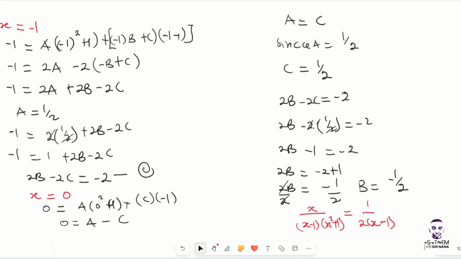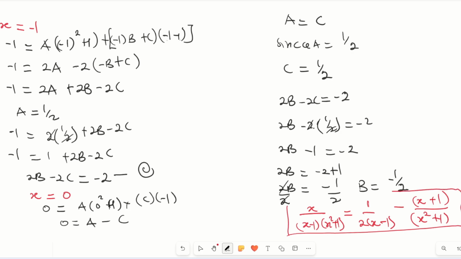Now we have negative half here, so we have minus, in this case, 1 multiplying x, so b multiplying x, so x in this case. And then we have c being also half, so x plus 1, all over x² plus 1. So this is our partial fraction result.